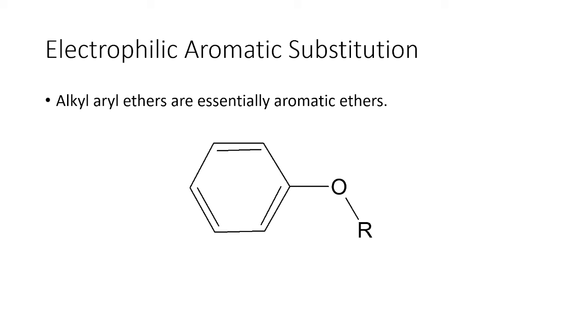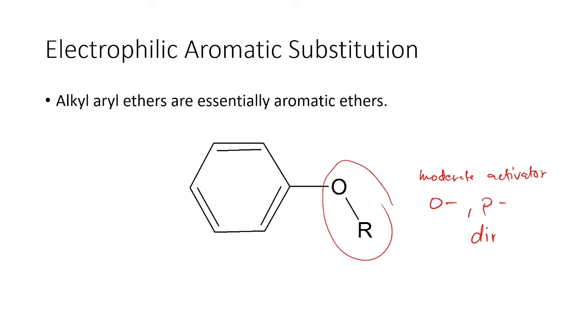As you may have remembered, our OR group is actually a moderate activator. By moderate activator, it just means that it activates all of the sides of our benzene ring, wherein the most activated are the ortho and para directions, which is why we call them ortho para directors.